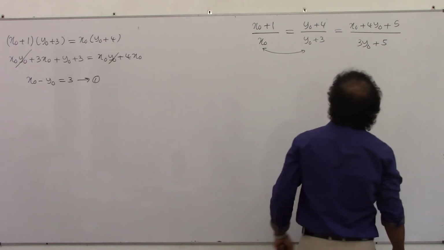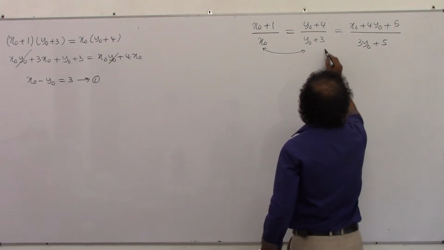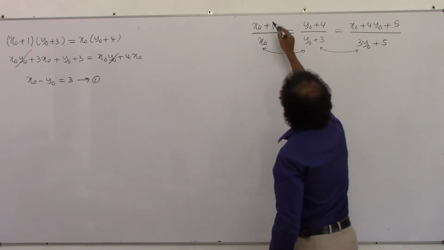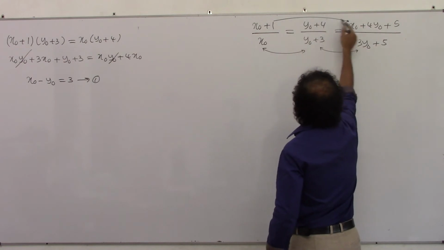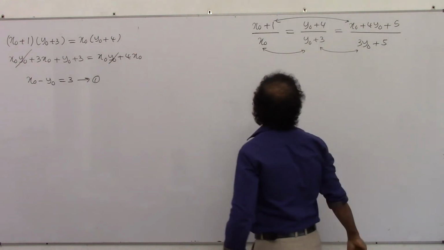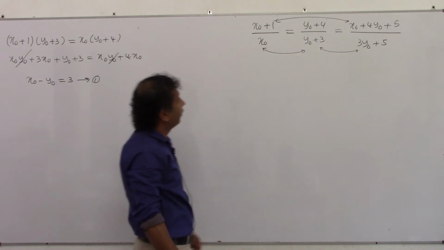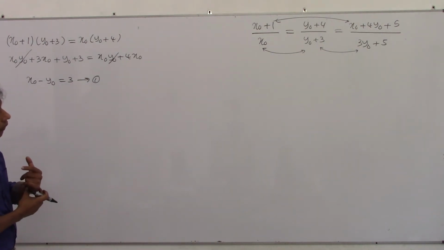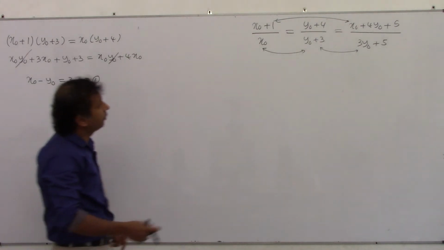Now, I take this equality, or this and this is also possible to take. Any two, whichever you take, we get the same simplification. Right, I'll take the first and third equality.